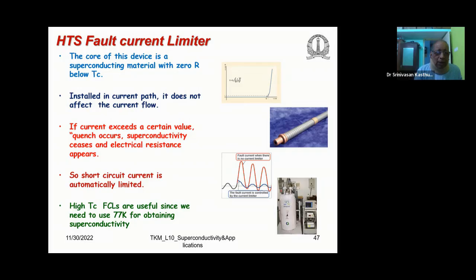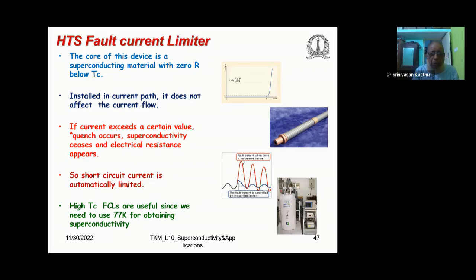The core of this device is a superconducting material with zero resistance below its TC. So you should install it inside the current path. For example, you can see the high temperature superconducting fault current limiter device. This should be installed in the current path. Under normal circumstances, it does not affect your current flow because it's an HTC material, cooled to low temperature, so the current simply flows through.